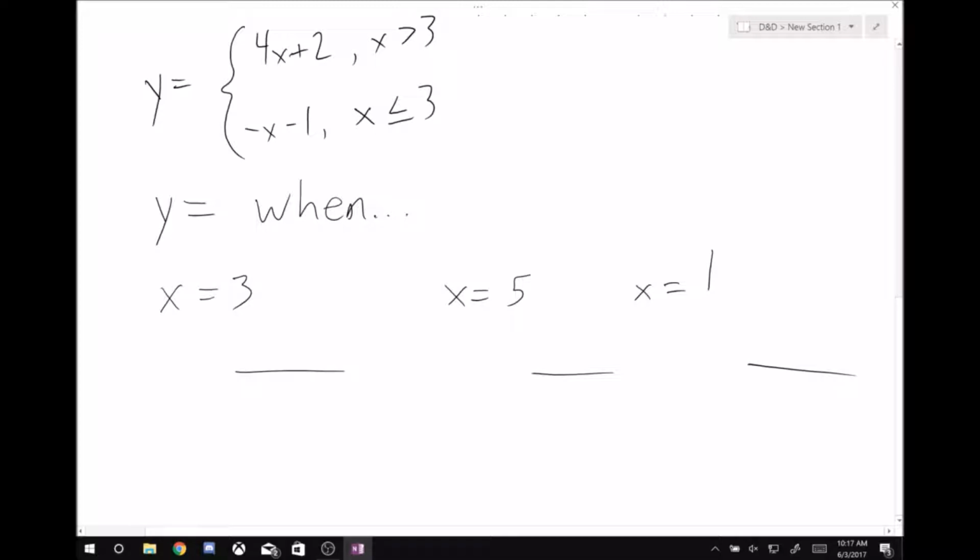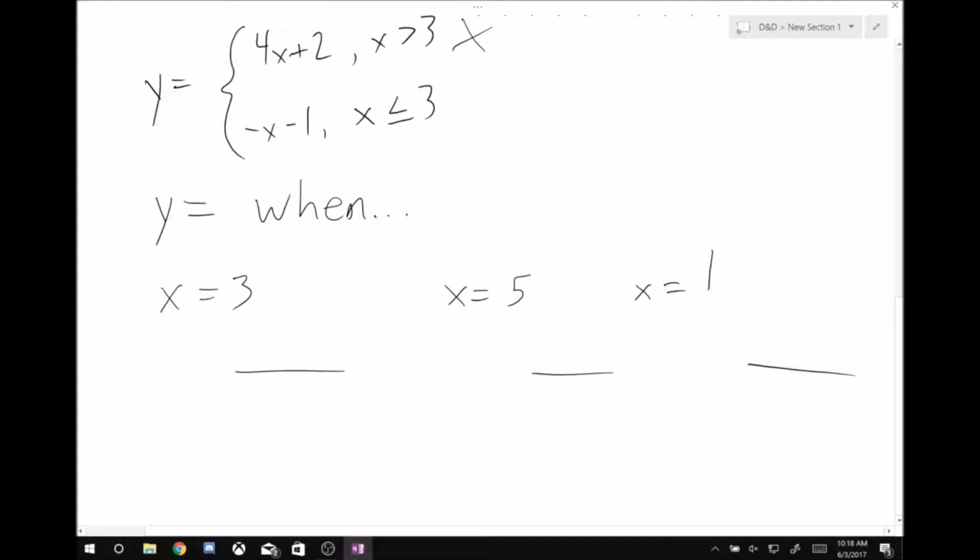So all that this would do is you're just plugging in the x value in the place it goes. For 3, let's look at it. The top one says it's 4x plus 2 when x is greater than 3. Well, 3 is not greater than 3, so it doesn't fit in this top one.